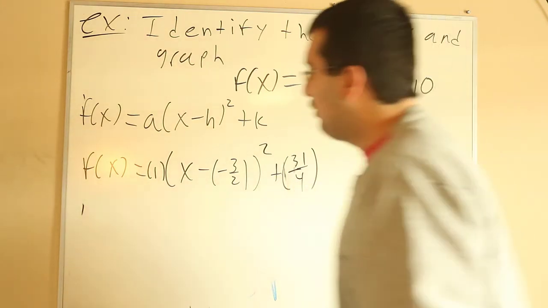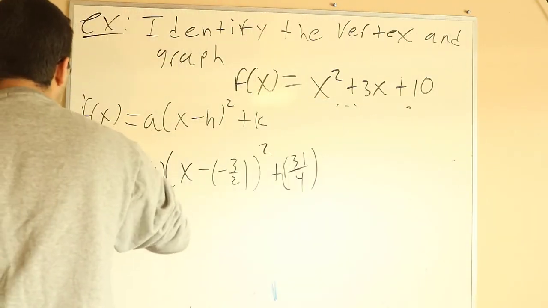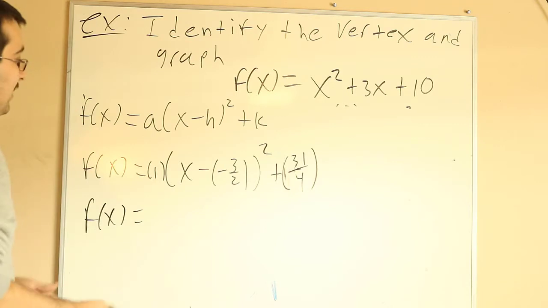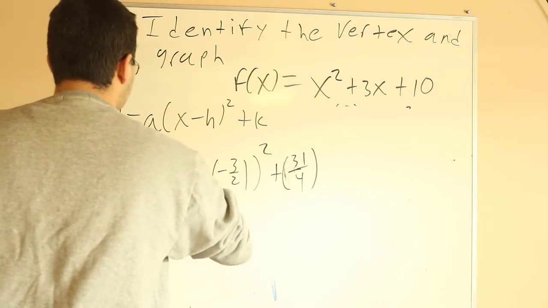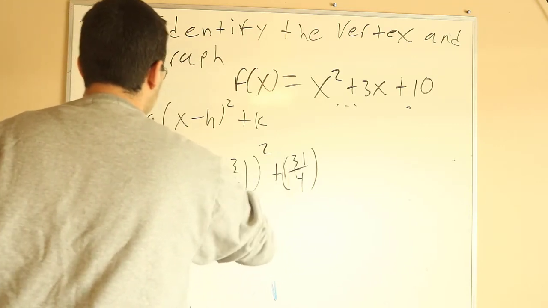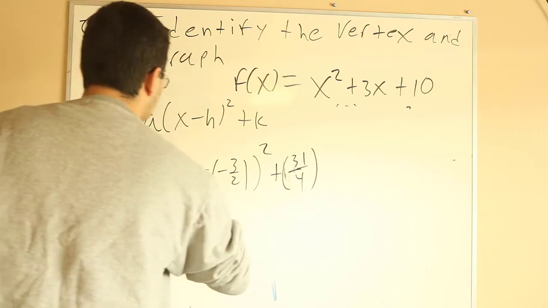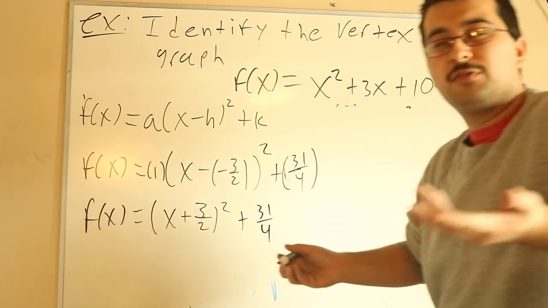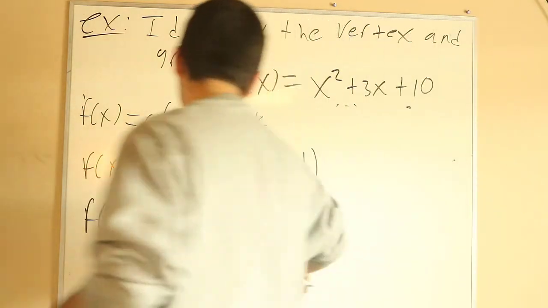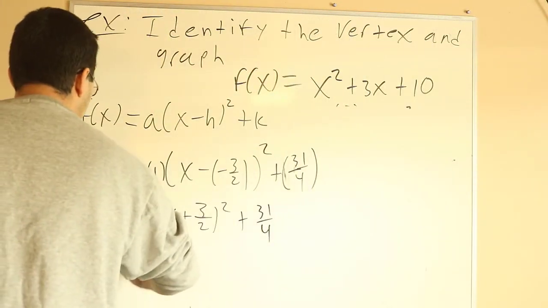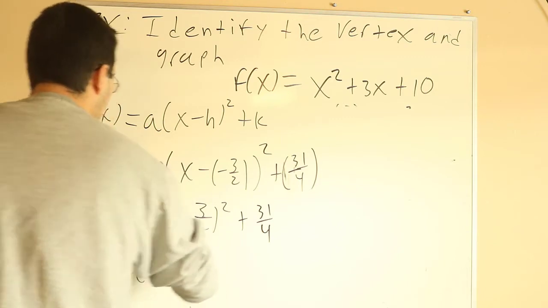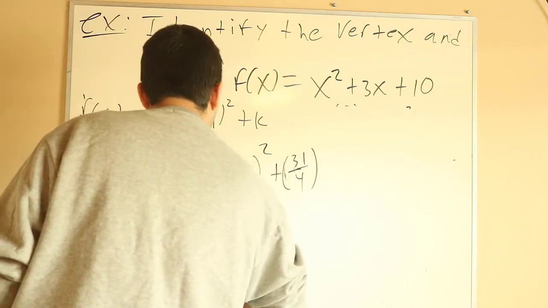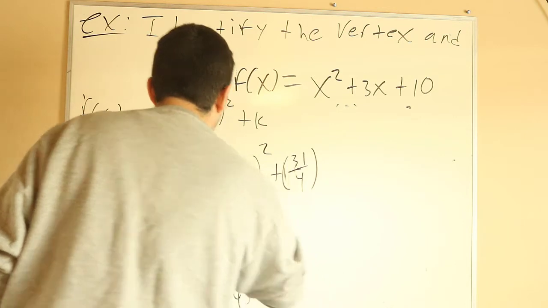Right? And then cleaning this up a bit, our new f of x, or the same f of x just rewritten, becomes x plus 3 over 2 squared plus 31 over 4. Wonderful, right? And so that means we can identify the vertex as being minus 3 over 2 and 31 over 4.